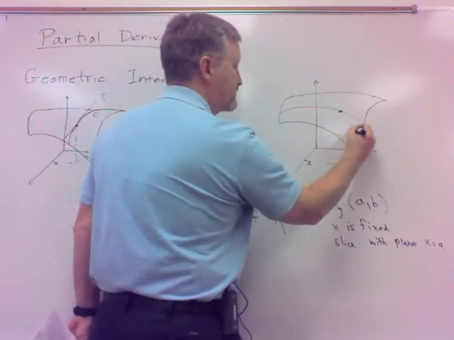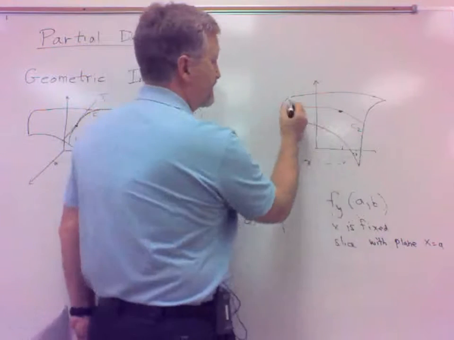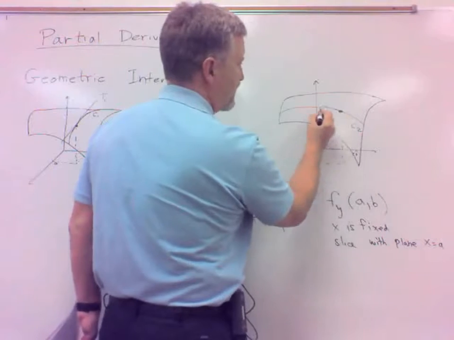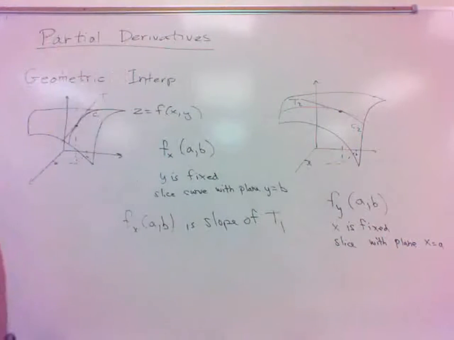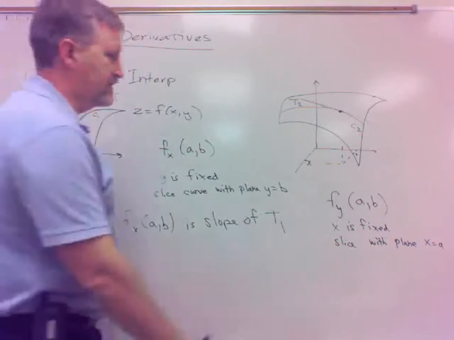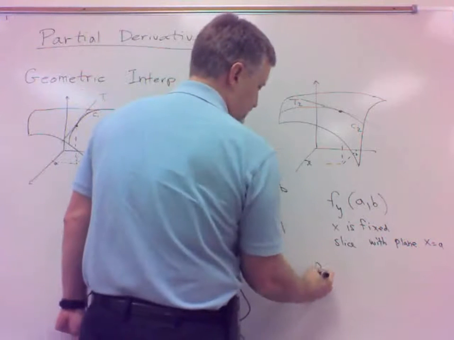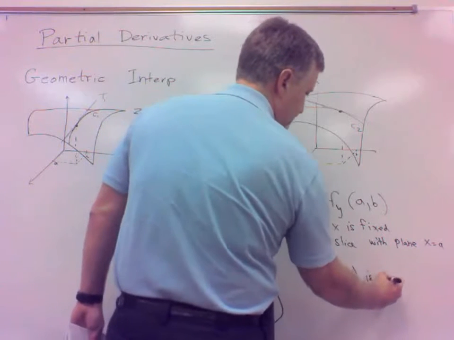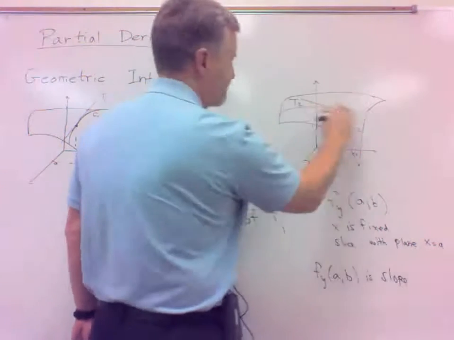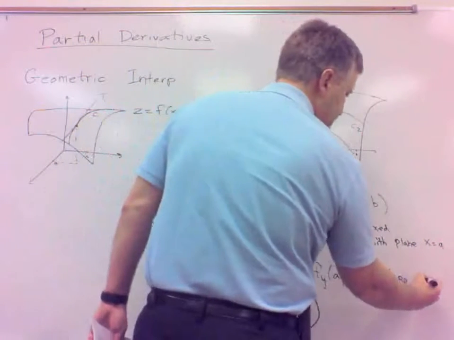That intersects at that curve. And if I take the tangent line at that point to that curve, that is what the derivative describes. It's the slope of that tangent line, T2.